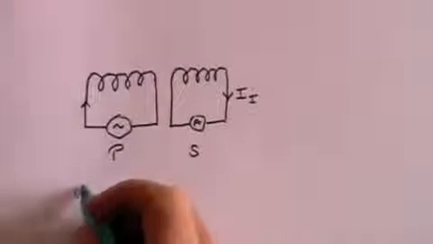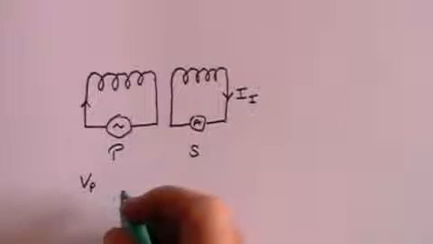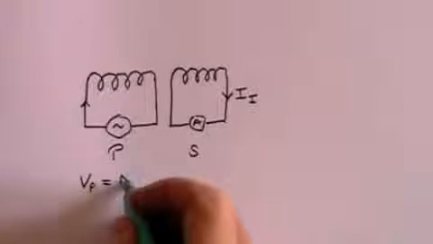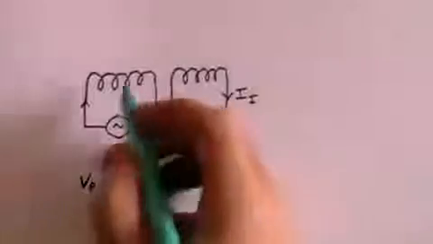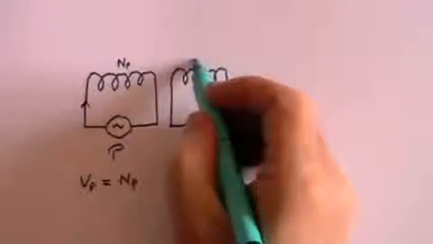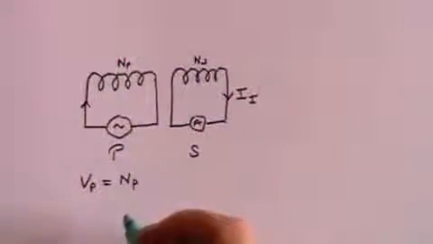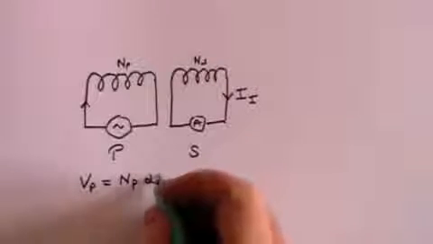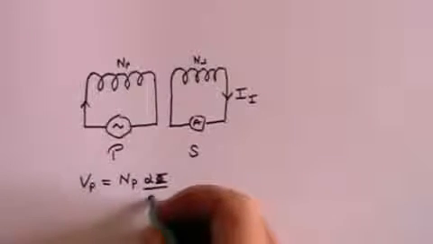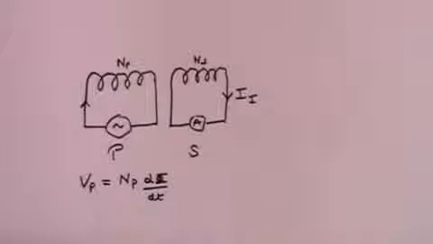And what we find is that the voltage in the primary is the number of turns in the primary, that's the number of turns here, times the change in flux, d phi by dt.